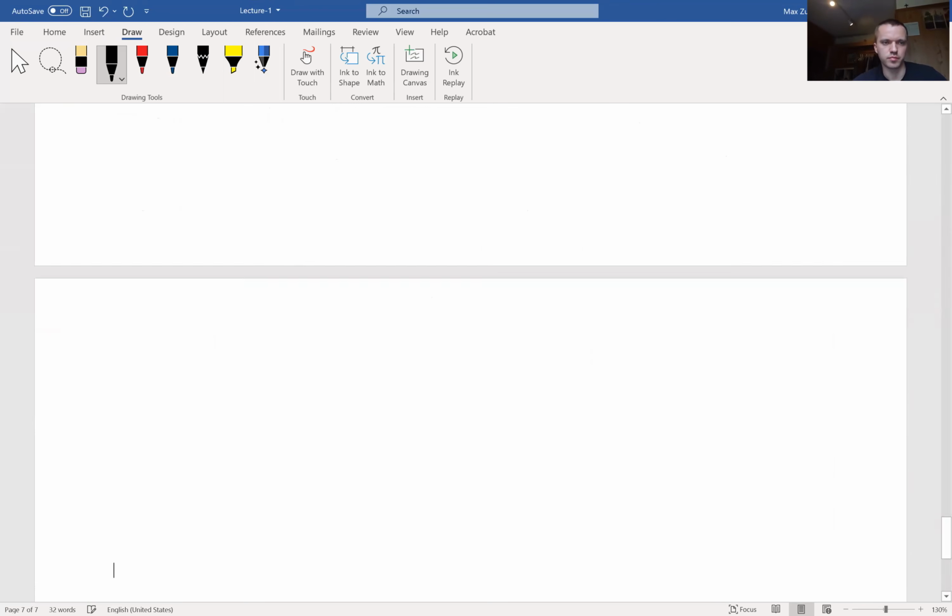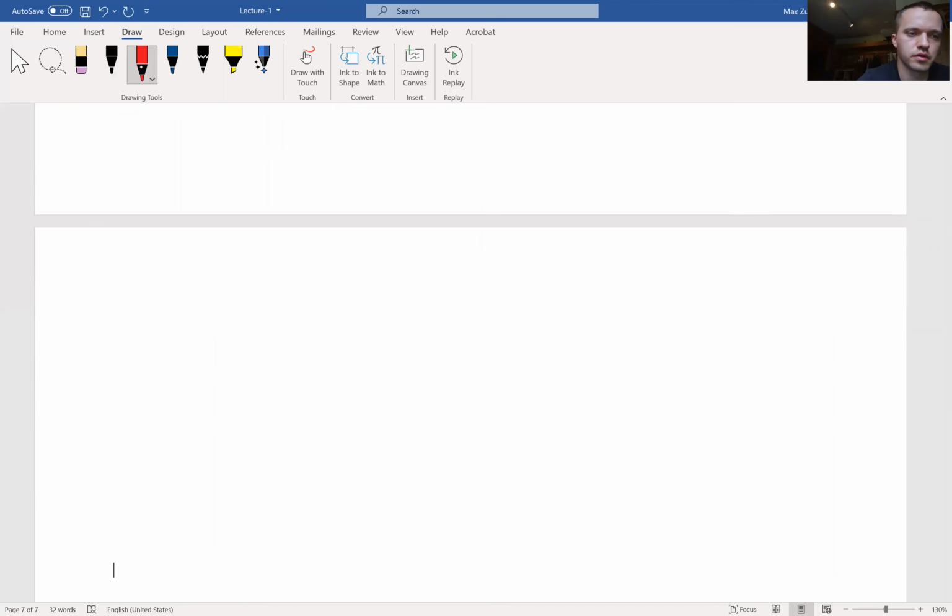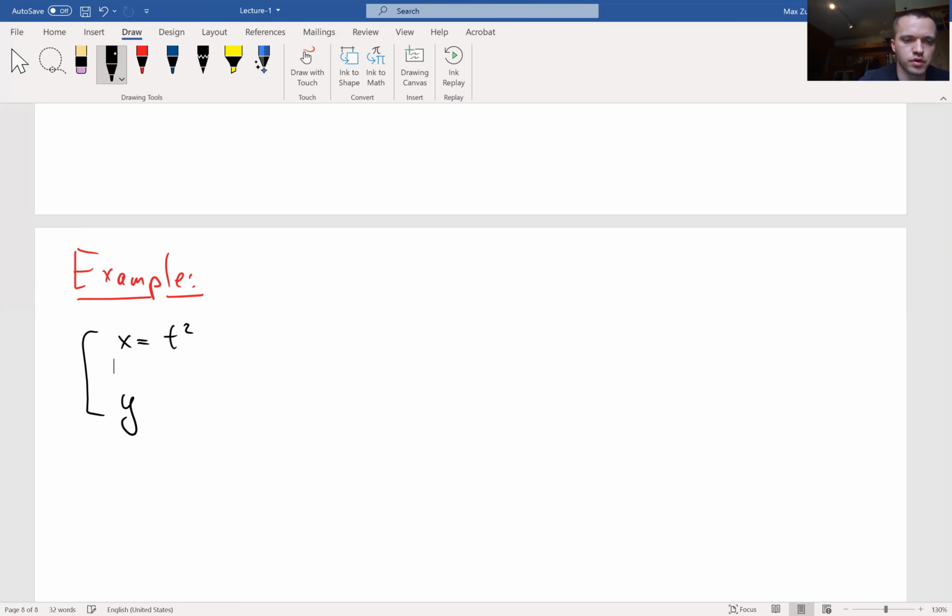Instead, you can be given a parametric equation. Let's take x is equal to 2t and y is equal to 4t squared.